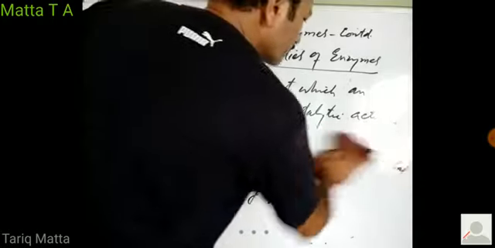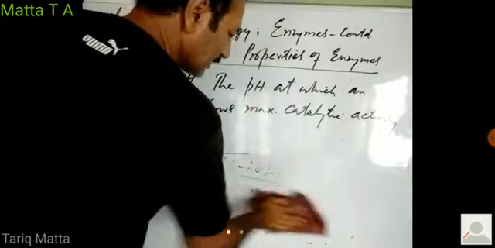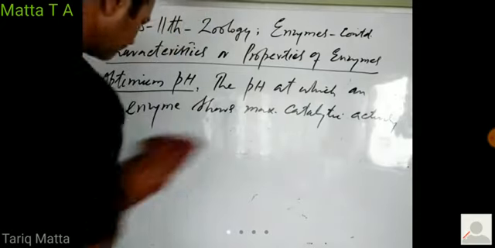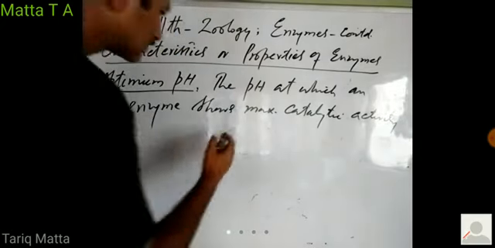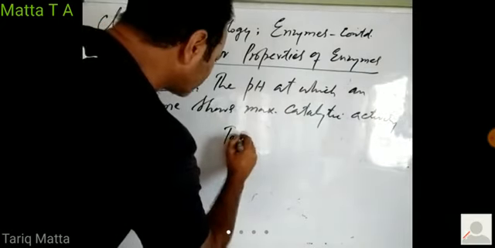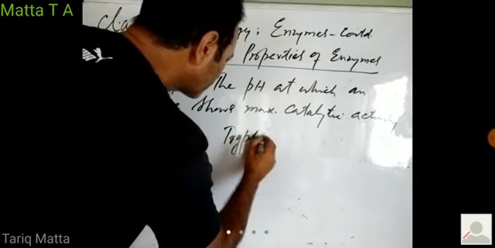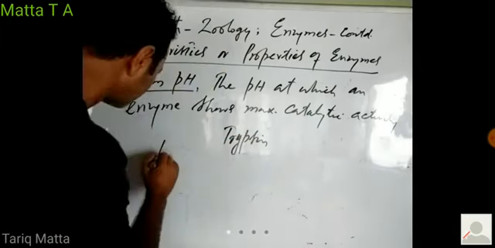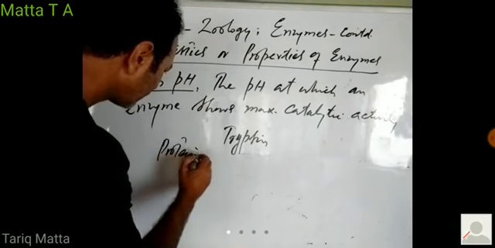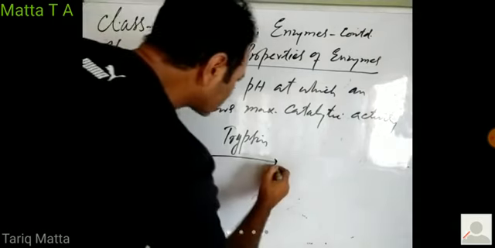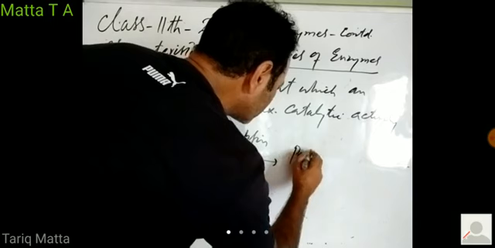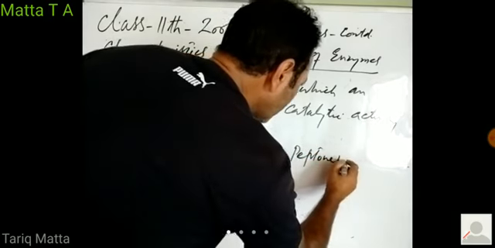But for the small intestine, the enzymes have a different pH. Those enzymes which are released in the intestine work at a different pH. For example, we have got another enzyme, trypsin. Trypsin is also a protein digesting enzyme. It converts proteins into peptones and proteoses.